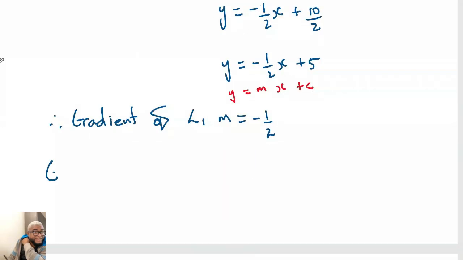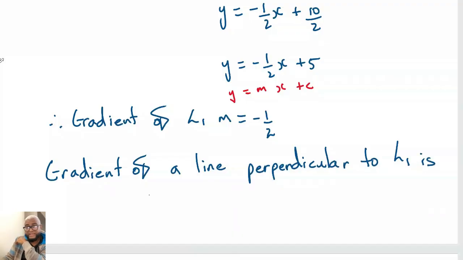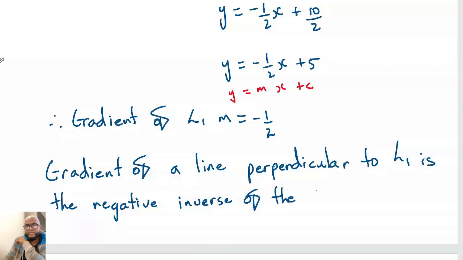So, the gradient of a line perpendicular, which means they form 90 degrees, to L1 is, well, not is, is the negative inverse of the original gradient.